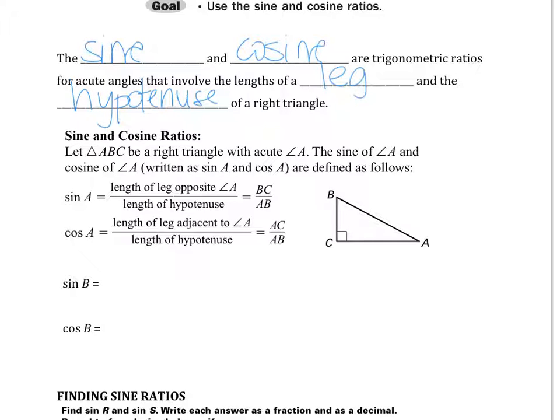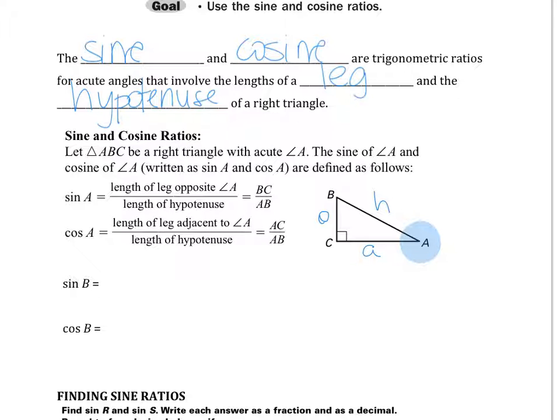So if my reference angle were A, then the sine of A would be opposite over the hypotenuse. And the cosine would be the adjacent over the hypotenuse.